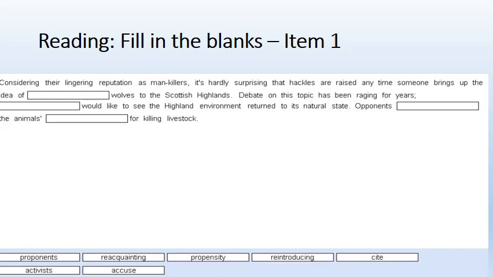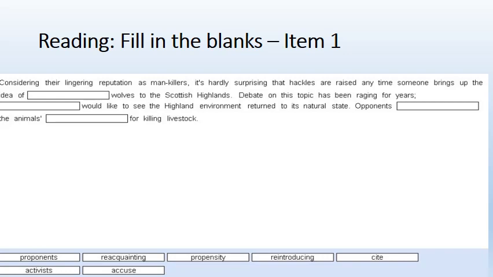Alright, so this is another question type in your reading section, fill in the blanks. In this fill in the blanks question type, you have a paragraph with blanks, and at the bottom of the screen you have options to fill in these blanks. You have to scan this particular paragraph first, and try to understand what the topic is and what it is talking about.